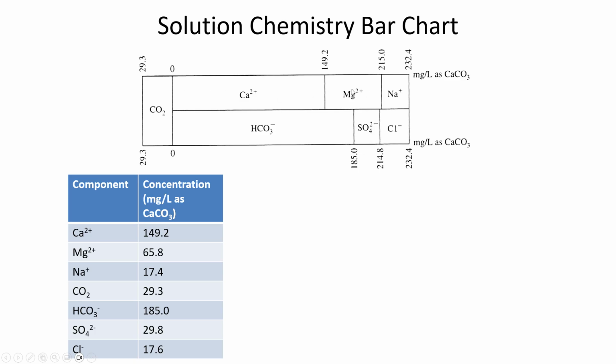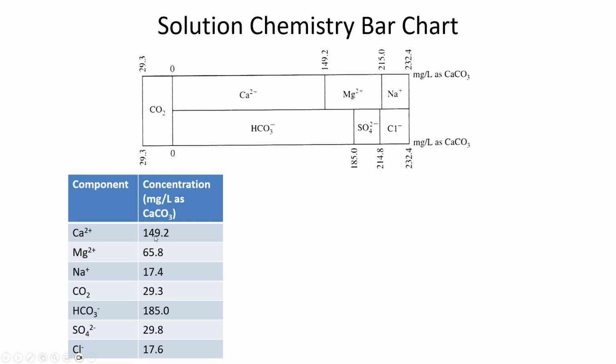This bar chart is showing the cations on the top part and the anions on the bottom part. And they should be the same length within 1%. If they're not the same length, then we don't have all of the relevant species data that we need to know. There should be a balance between positive charge and negative charge in solution. You can't have more positive than negative in solution.